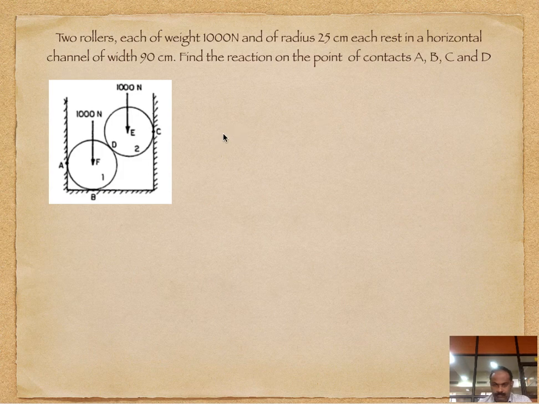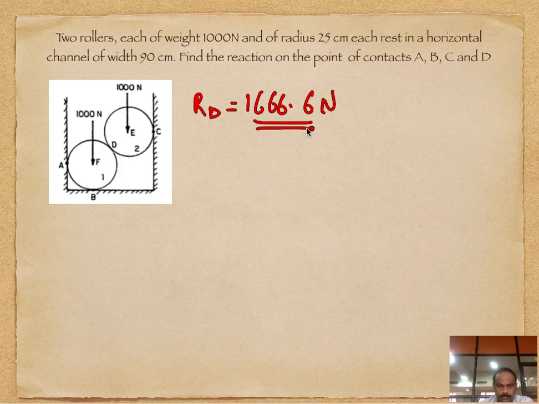So we know RD is equal to 1666.6 Newton. We have our next equation, which is RA. I am bringing it to the other side, equating sigma h to 0.